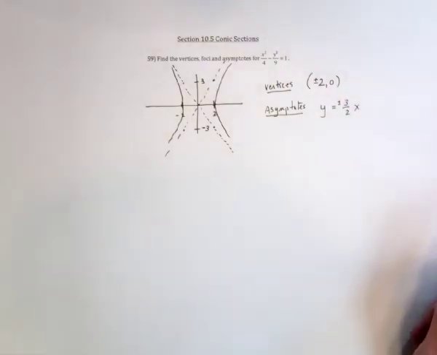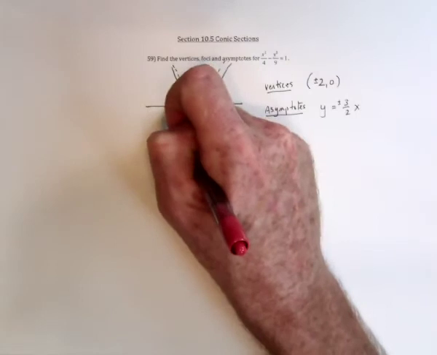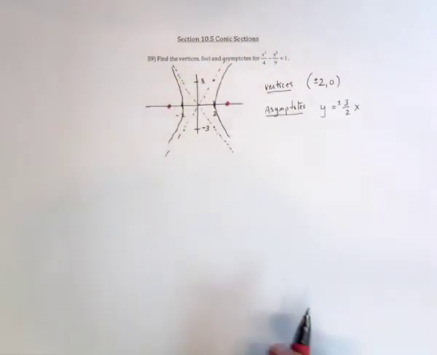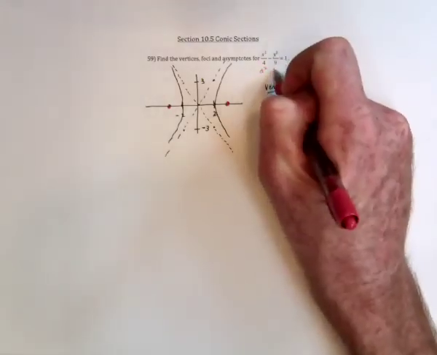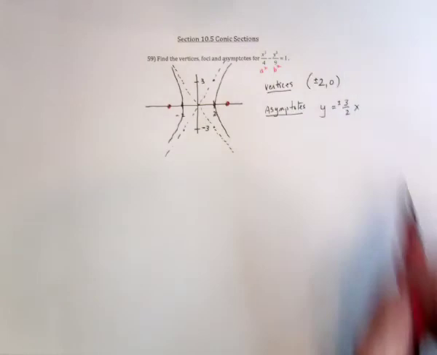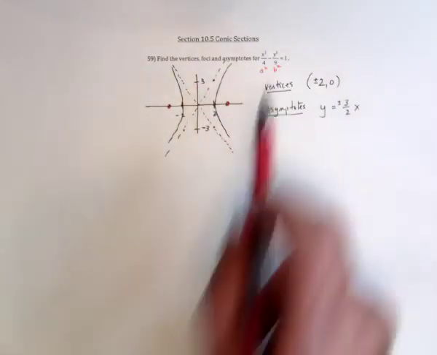And then for the focus points. The focus points would be inside this branch there's going to be 1, and inside this branch there's going to be 1. And these numbers here are called a squared and b squared. Or in other words, this is a and b, so a squared and b squared.